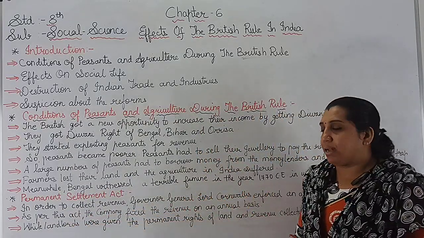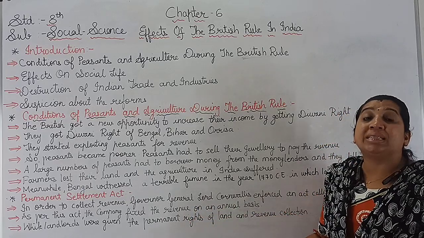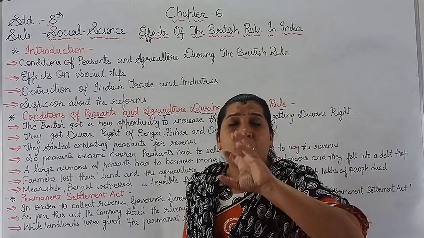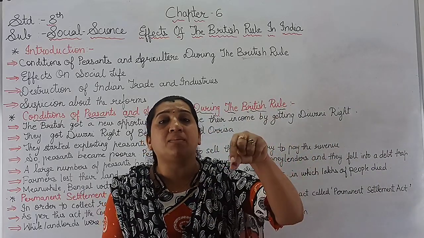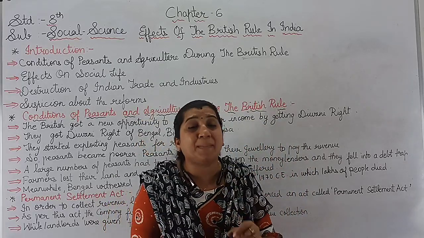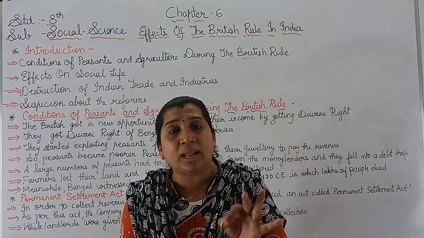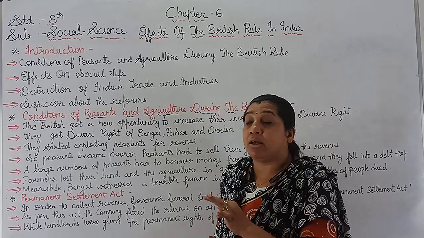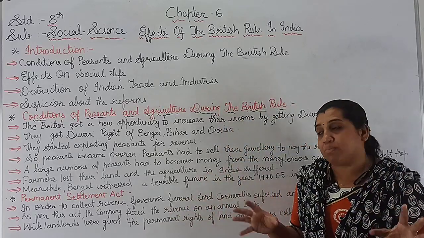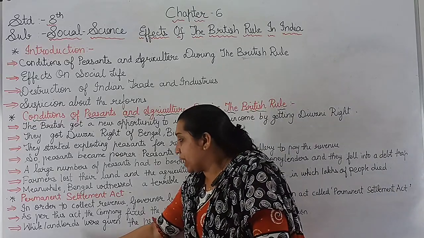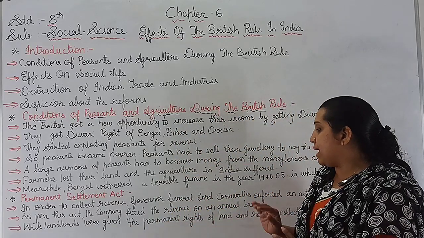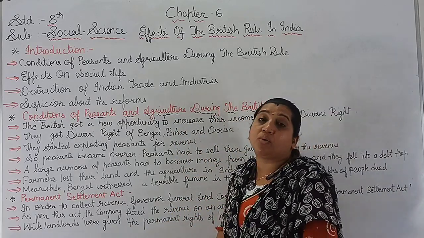As per this act, the company fixed the revenue on an annual basis, on the basis of the peasants' annual income, while landlords were given the permanent right of land and revenue collection.